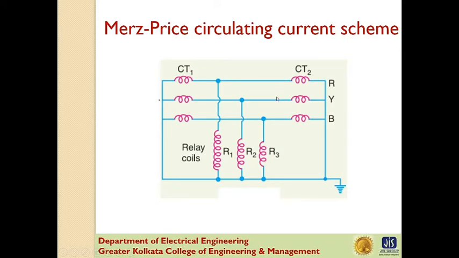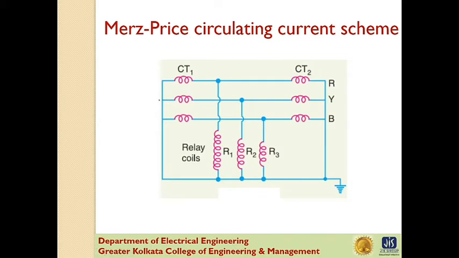The current at both ends of each winding will be equal, and hence the current in the secondaries of the two CTs in any phase are equal. Current of phase R for both CT secondaries are equal. Similarly for phase Y, and similarly for phase B under normal operating condition.